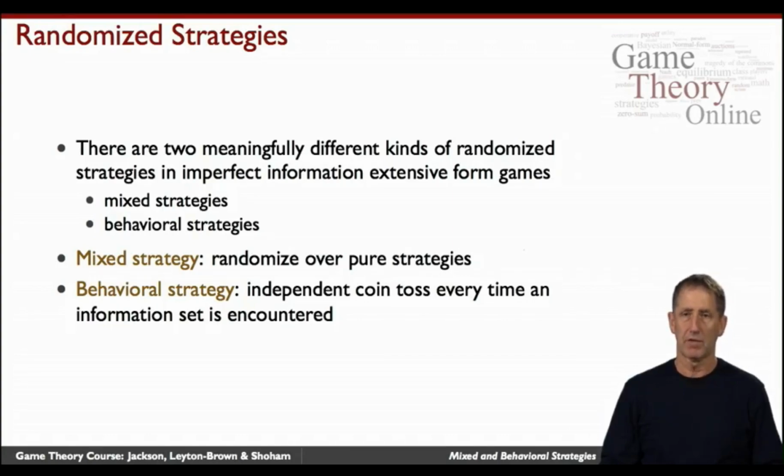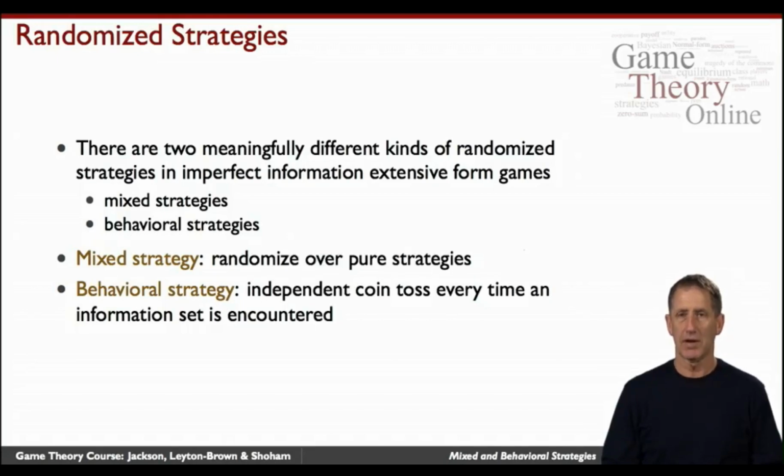A mixed strategy is what is defined in a completely standard way. We have a notion of a pure strategy, that is what each agent needs to do in all of their information sets, and that is a unique action in each of those information sets. And a mixed strategy is simply a distribution over such pure strategies.